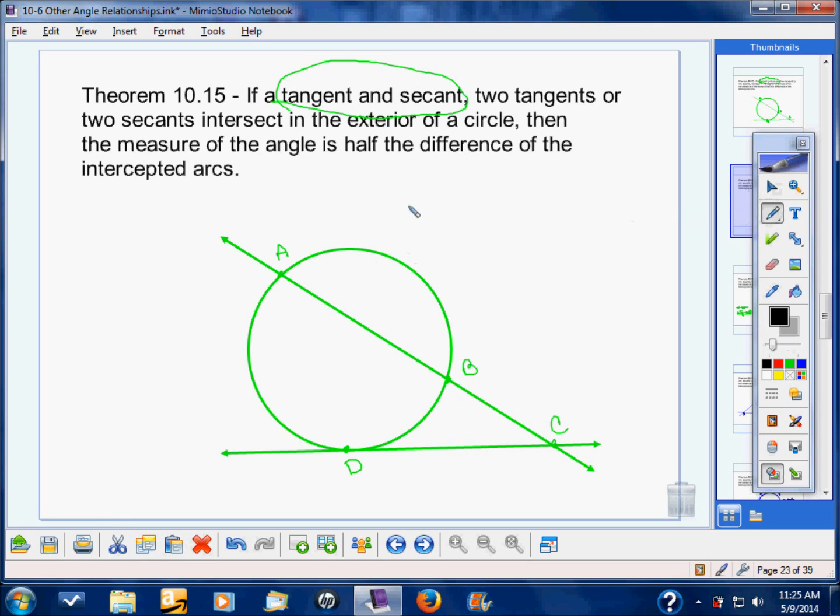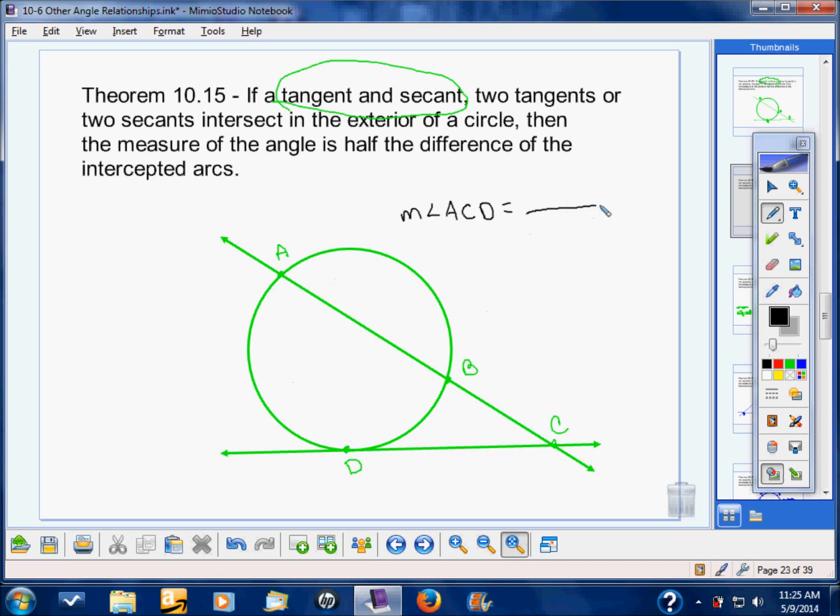You could also call it what? BCD. So the measure of angle ACD is half the difference of the intercepted arcs. So what are the intercepted arcs again? AD and BD.